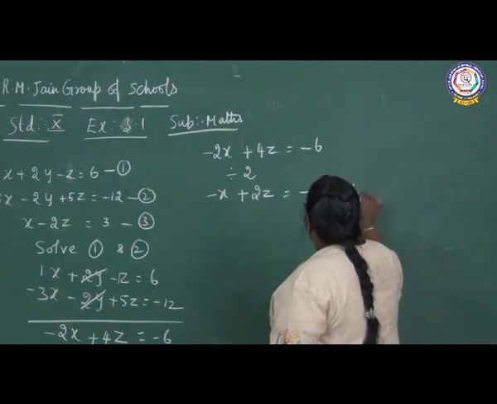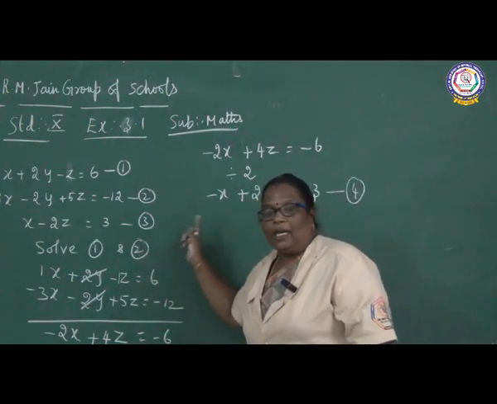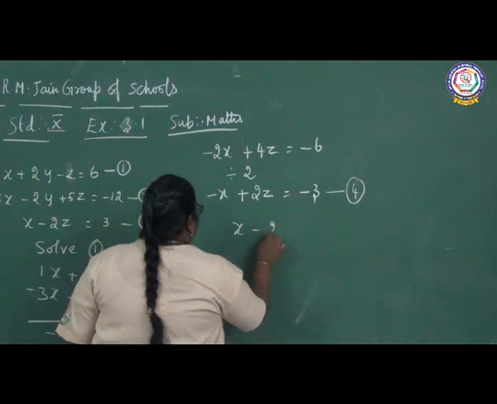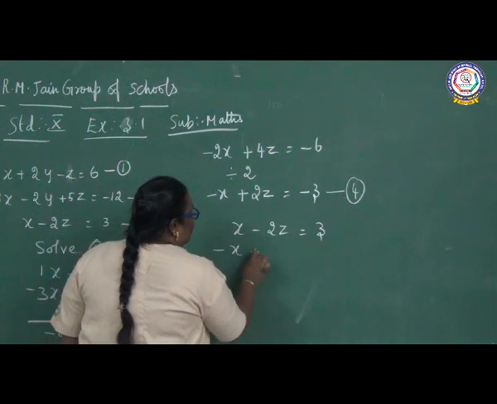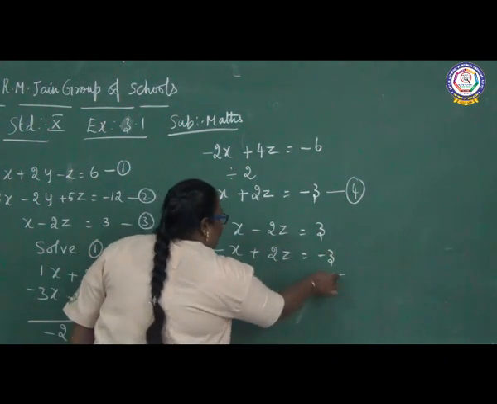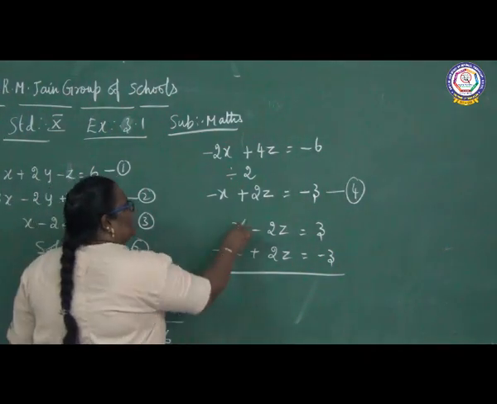This is my fourth equation. So, solve 3 and 4. See here, x minus 2z equal to 3, minus x plus 2z equal to minus 3. When I solve these two equations, I am getting a value 0.